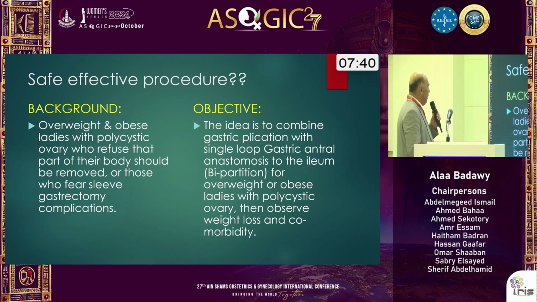So in the background, we have overweight and obese ladies with polycystic ovary who refuse that part of their body should be removed, or those who fear sleeve gastrectomy complications. These are the main target. The objective is to combine gastric plication, as it is a somewhat safe modality that keeps all the gastric mucosa, with a single loop antral anastomosis to the ileum, in a bipartition way, like in the SASI operation, for overweight or obese ladies with polycystic ovary, then observe weight loss and comorbidity.